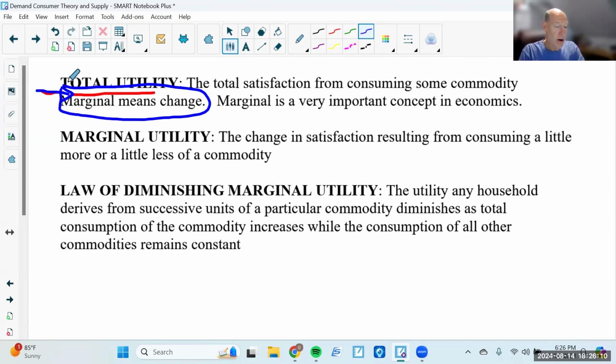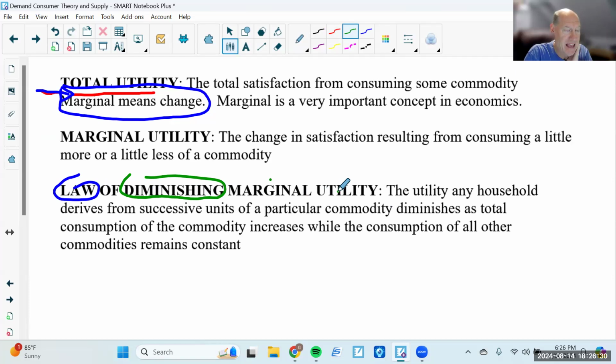Now, every product out there has what we call the law of diminishing marginal utility. It's a law, which in your science class means it always holds true. Diminishing means going down, marginal means additional, and utility is satisfaction.